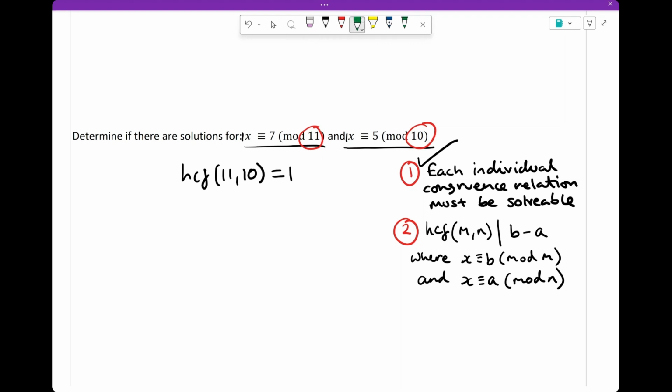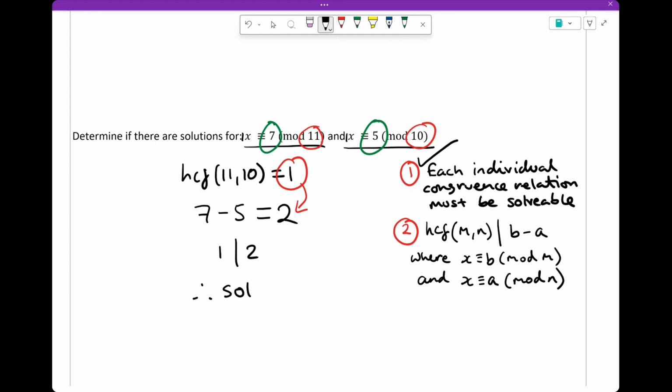Now let's consider the two numerical values we haven't used yet, so the 7 and the 5. Let's consider the difference, so 7 subtract 5 is equal to 2. Now, is the 1, our highest common factor, a factor of 2? Well, yes, it is. Okay, so we can say that 1 is a factor of 2, so therefore solutions exist. And of course, 1 is a factor of any integer.